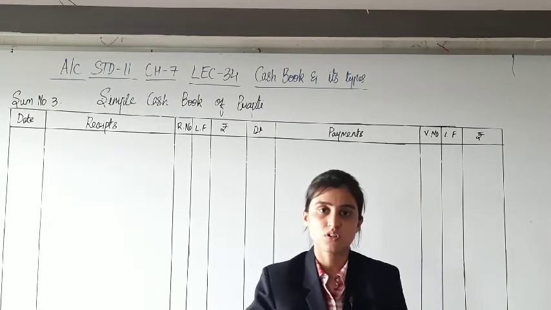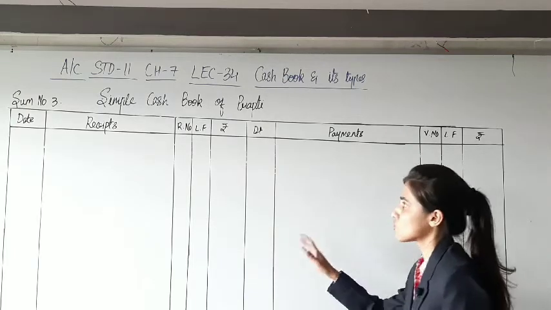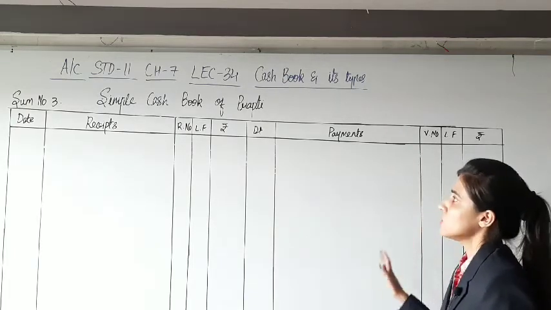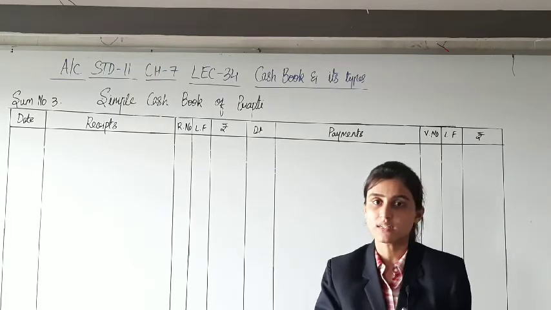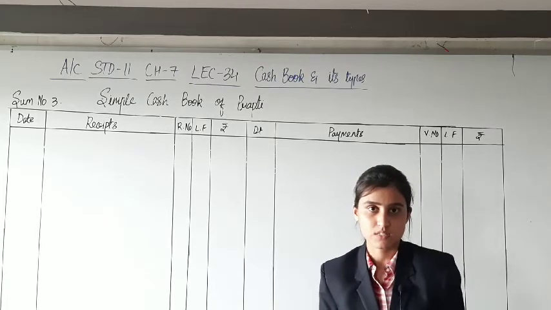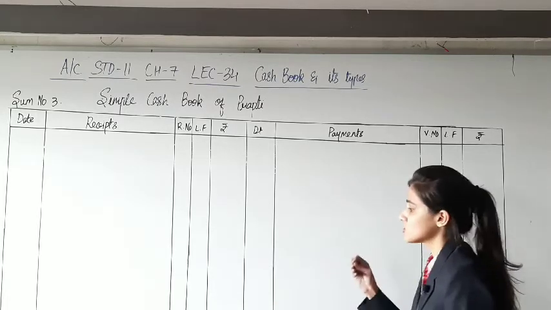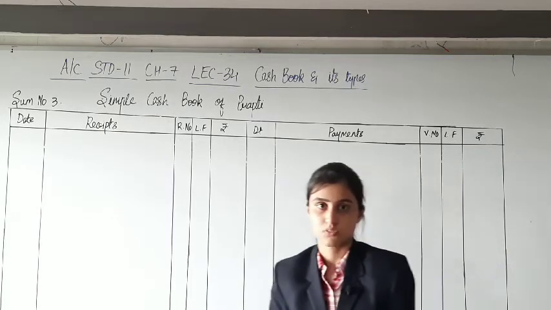We have understood about the specimen of simple cash book, which is also drawn on the board, and thereafter we have learned how to record in the cash book. And we have also learned the process of totaling this cash book, cash account.